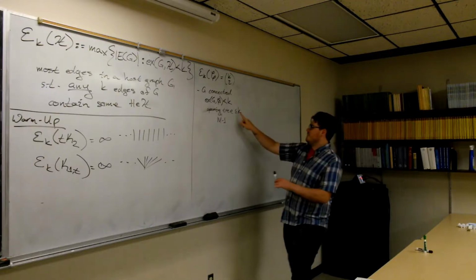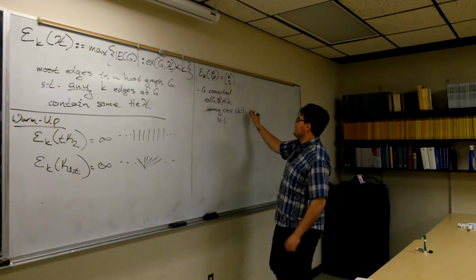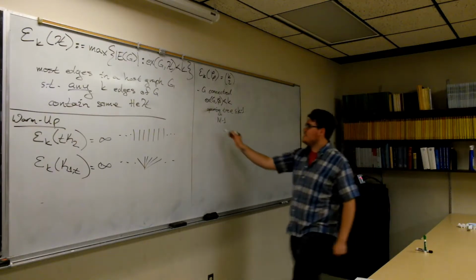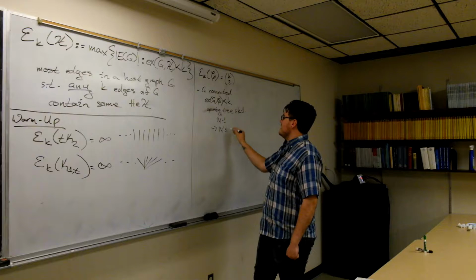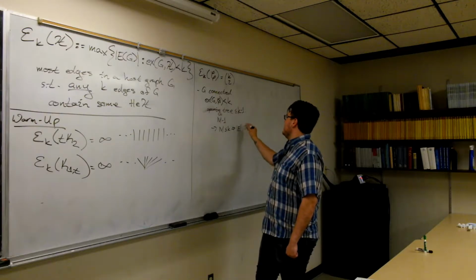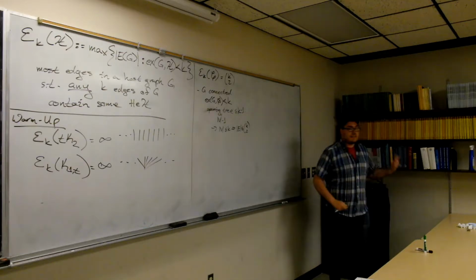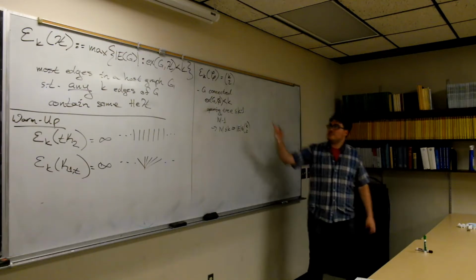Sorry, at most k minus 1. If it doesn't have a cycle, I can have at most k minus 1 edges, which tells me the number of vertices is at most k, which then tells me the number of edges is at most k choose 2. And the only graph that's going to achieve this is the clique. This is if G is connected.